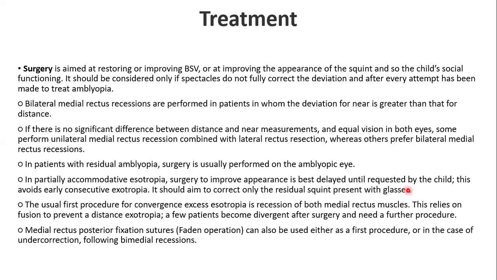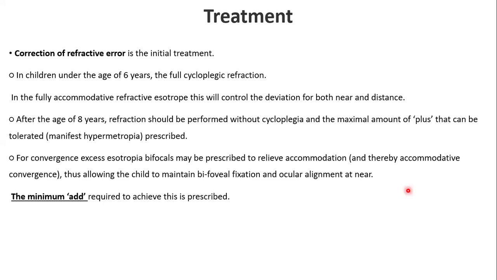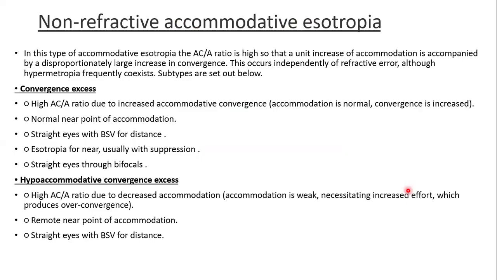Are we supposed to know how to differentiate between convergence excess esotropia and hypoaccommodative esotropia? Usually they do not go into that much detail, but we can go through it.